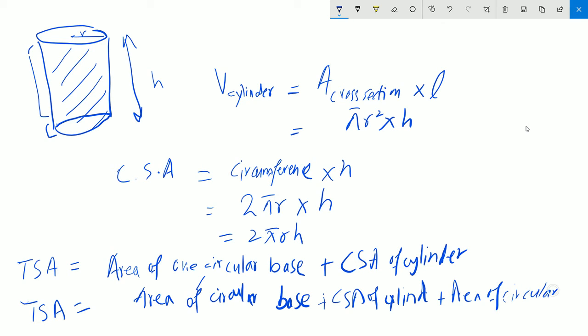So this time we're using the areas of both circular faces of the cylinder.